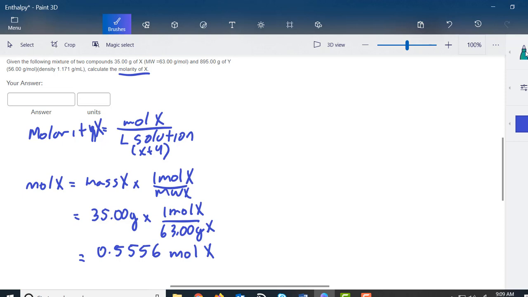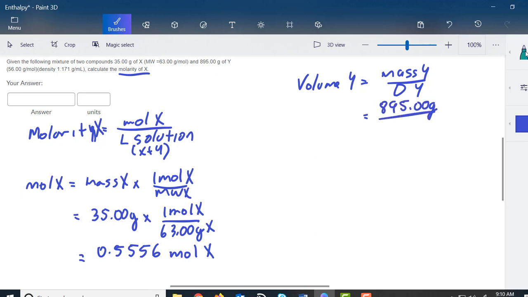Now we need to figure out the volume of the solution. The volume of Y we're going to have to get from the density, because it's going to be the mass divided by the density. So the mass of Y divided by the density of Y. And the mass of Y is 895.00 grams.